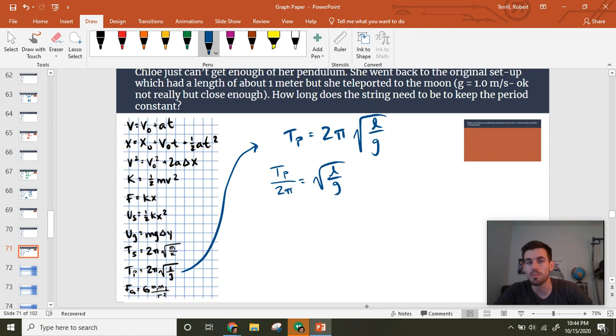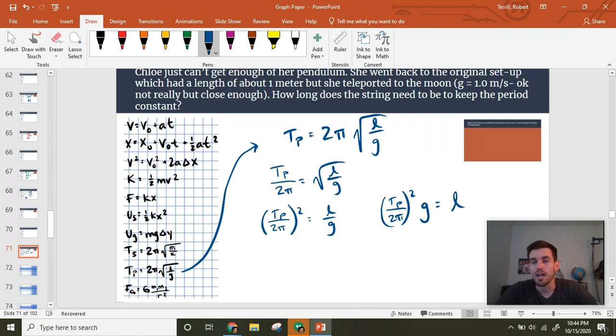The next thing I'm going to do is square both sides. So that would be T_P over 2 pi, squared, equals L over g. And then my last step is I'm just going to multiply both sides by g. So I get T_P over 2 pi, squared, times g equals L.